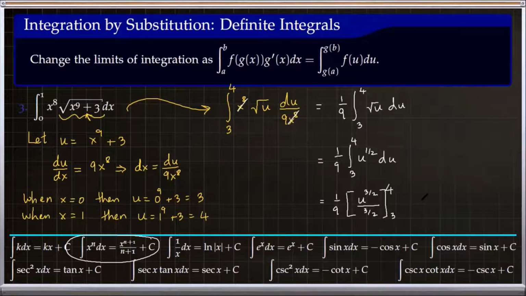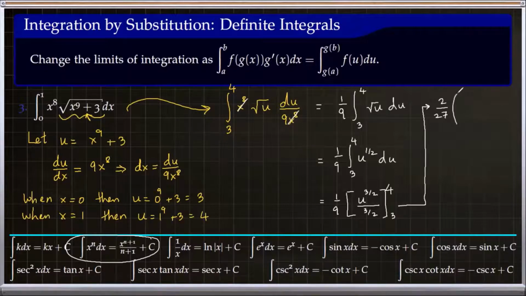Okay. So we are ready to evaluate this. I'm going to do that up here. So I can pull this 3/2 out, and multiply that to 1 by 9, that will give us 2 by 27. 1 by 9 times 2 by 3 will be 2 by 27.